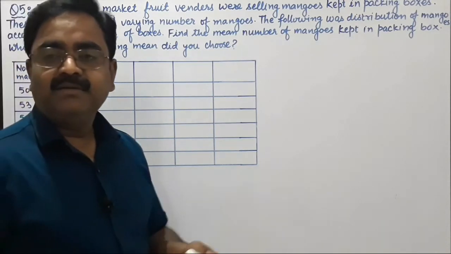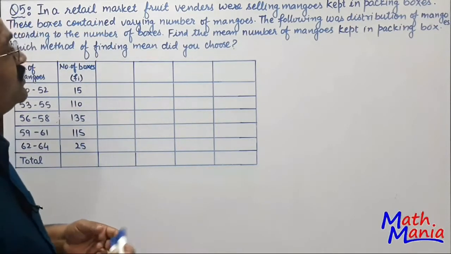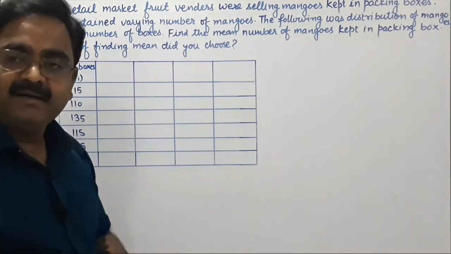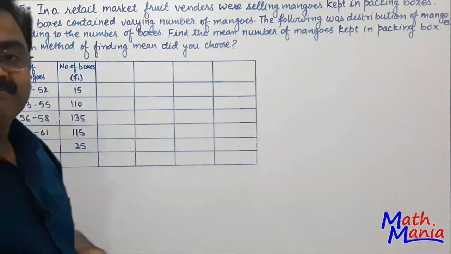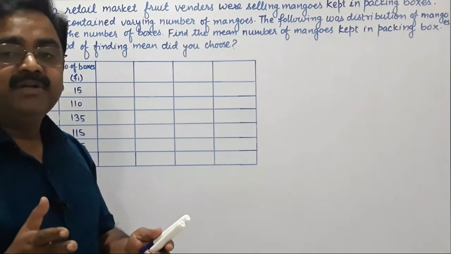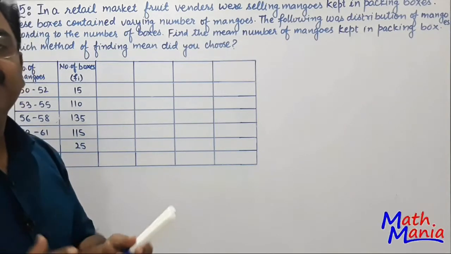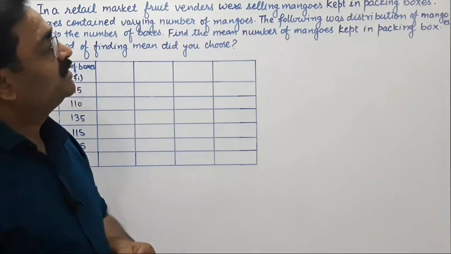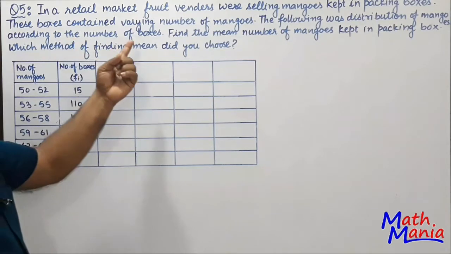The boxes contain a varying number of mangoes, which means the number of mangoes is not fixed in the packing boxes. They are different in different boxes. The following was the distribution of mangoes according to the number of boxes.